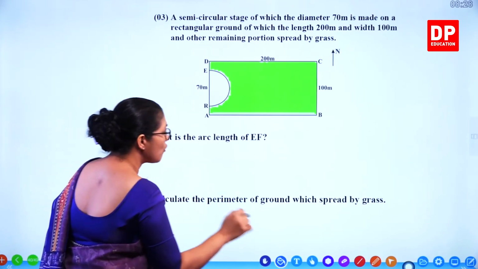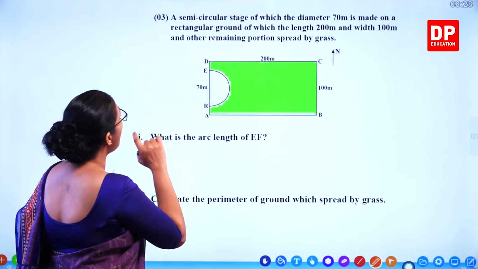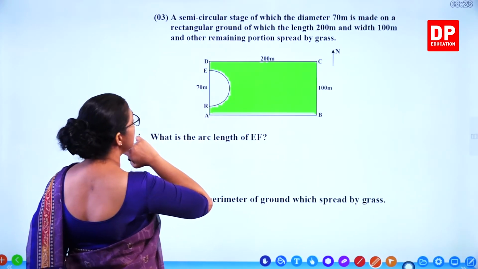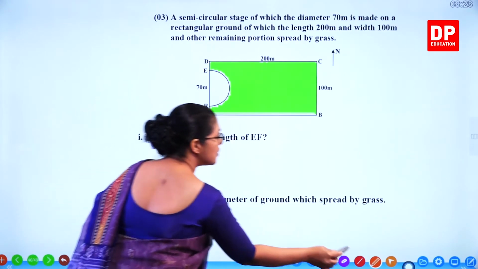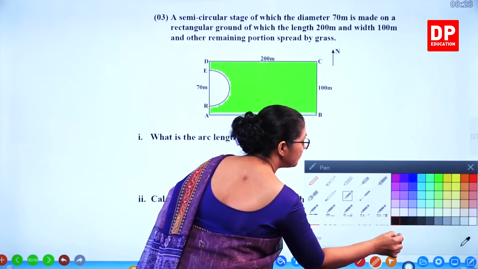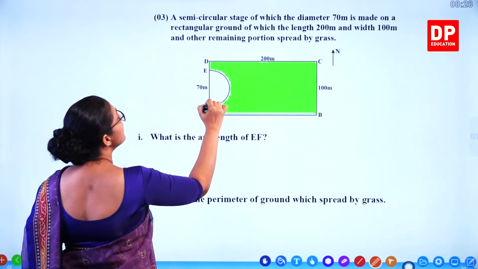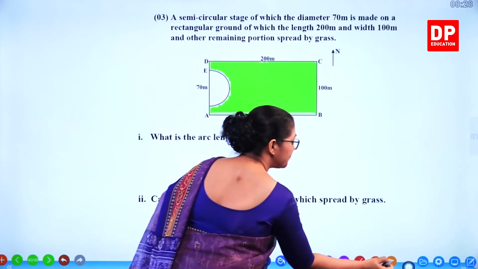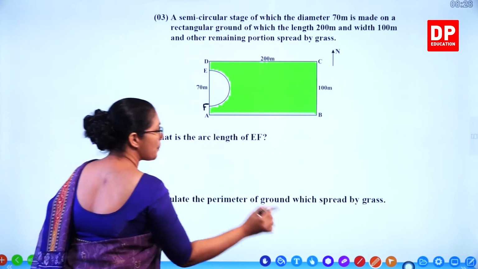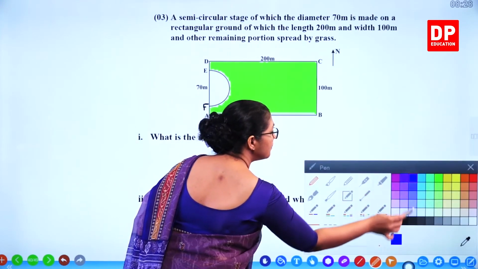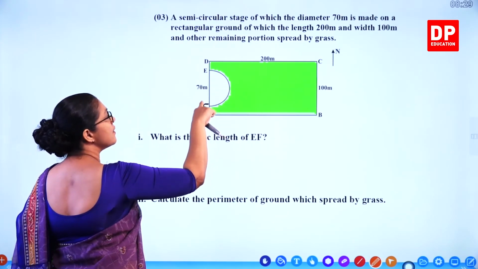What is the arc length of EF? So what's the arc length? Arc length of EF. So this is F. This point is F. Now we'll find out arc length.